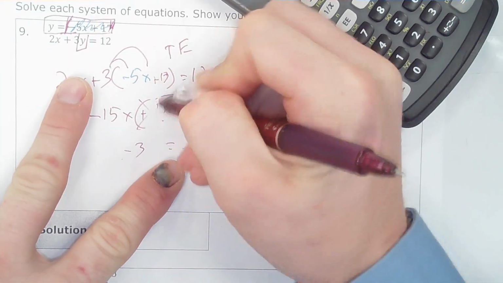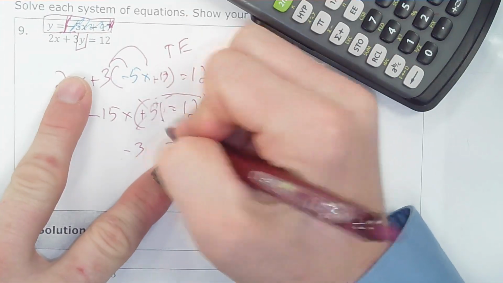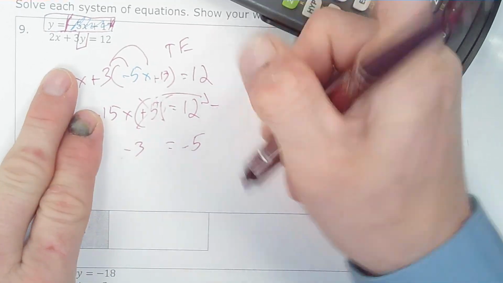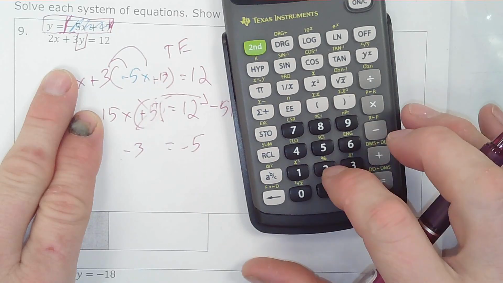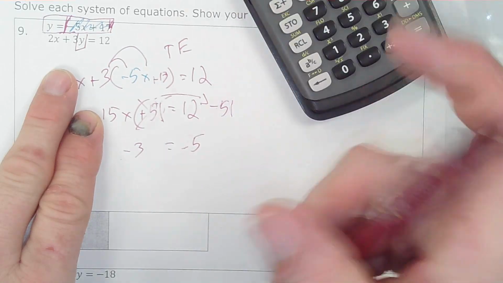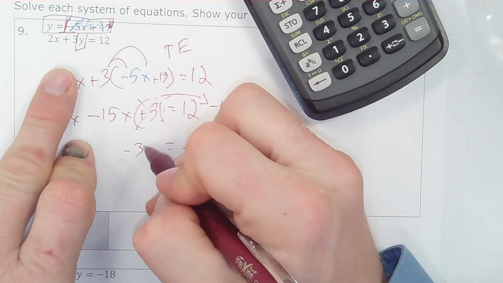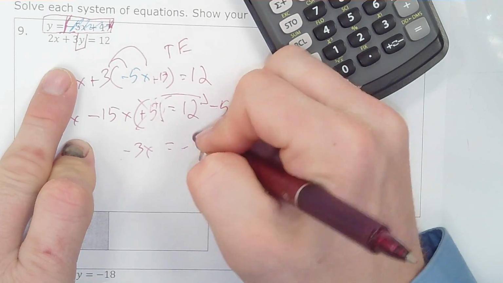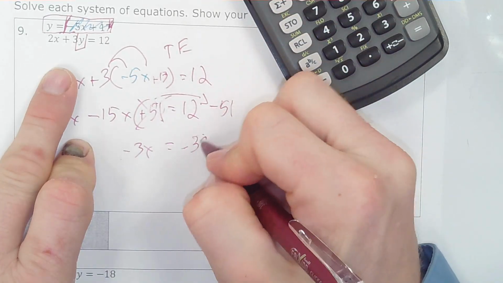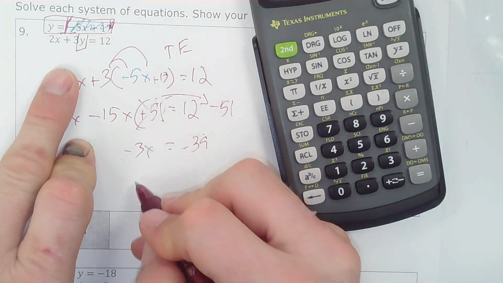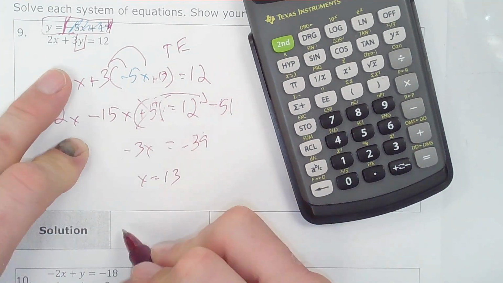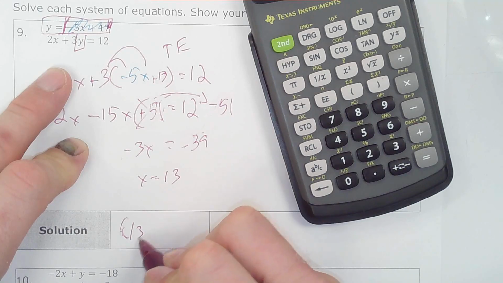This should be 51. So it's going to be negative 51 right there. All right, so 12 minus 51 is negative 39. So negative 3x is negative 39. All right, 39 divided by negative 3 is 13. So x equals 13.